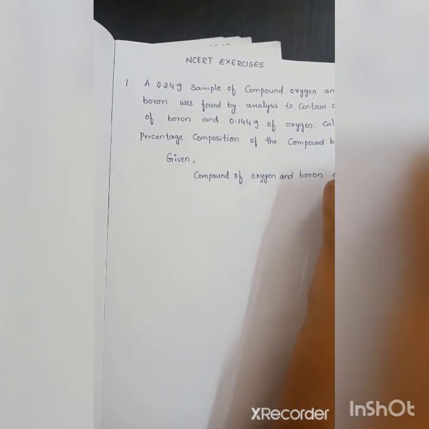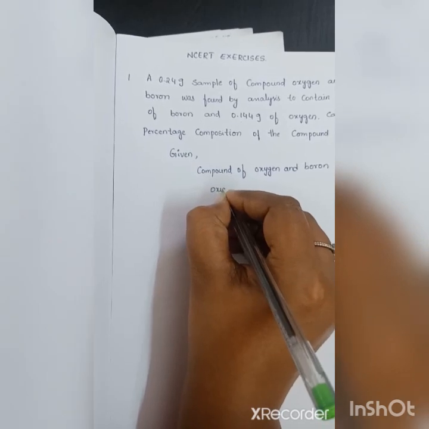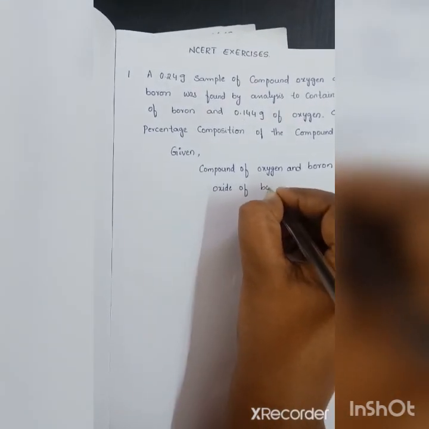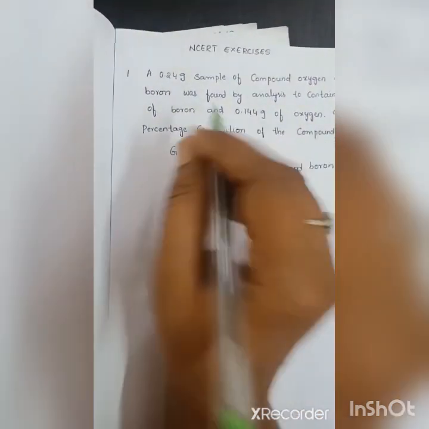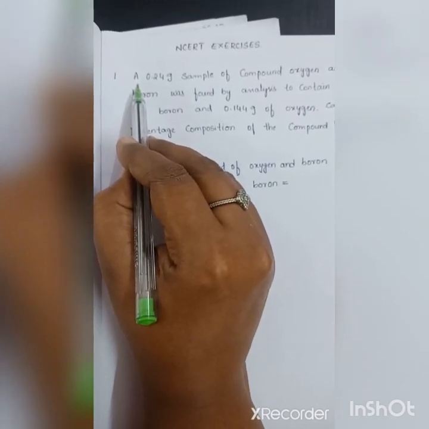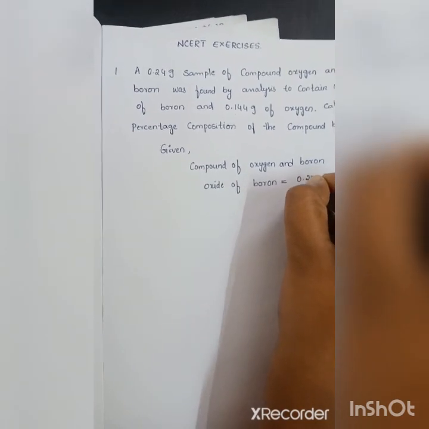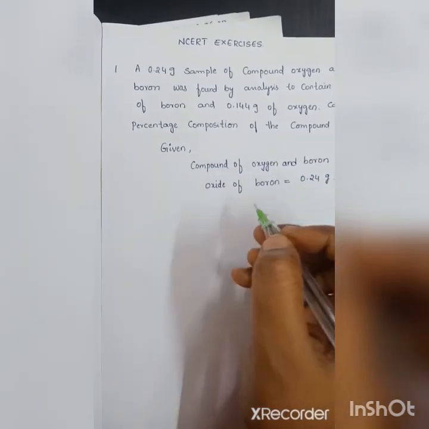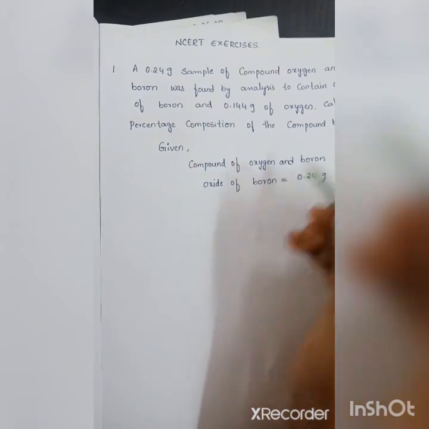Or else we can also call it oxide of boron. And what is the mass of this oxide of boron sample from the question? 0.24 grams.